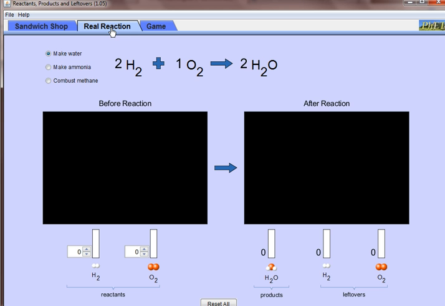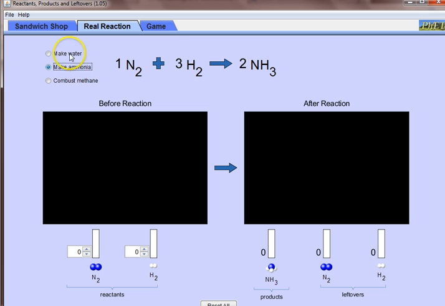Then we switch this to Make Ammonia. Again, you can always play around with water, methane, whatever, but for now we're going to work with ammonia, because in the earlier lab we worked with ammonia, correct? So now let's set up the equation we just did by setting the coefficients on the left-hand side: 1 nitrogen and 3 hydrogens.